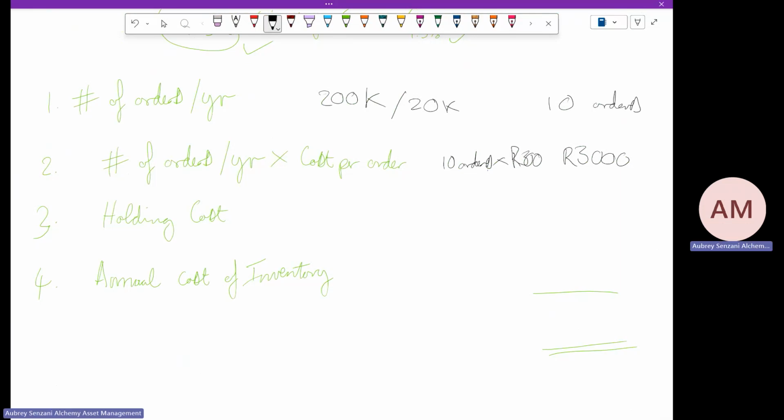This is where my students get tricked out. Remember, our holding cost is how much? They told us that holding cost is 1 Rand. Is it 1 Rand? Holding cost per annum is 1.50 Rand. And then times what? Yes, number of units, which we know is how much?